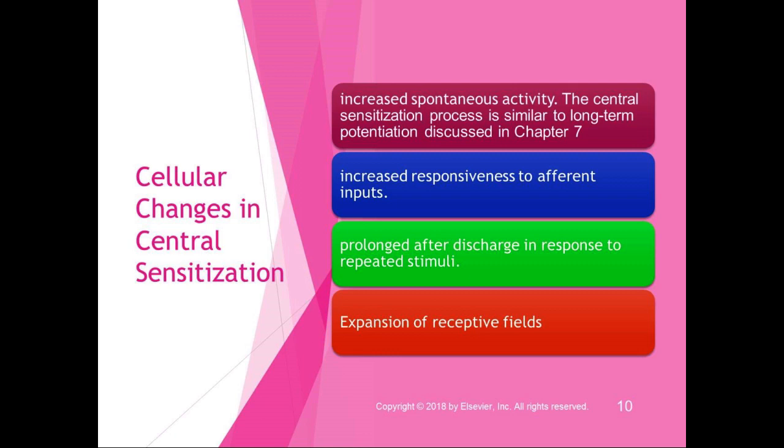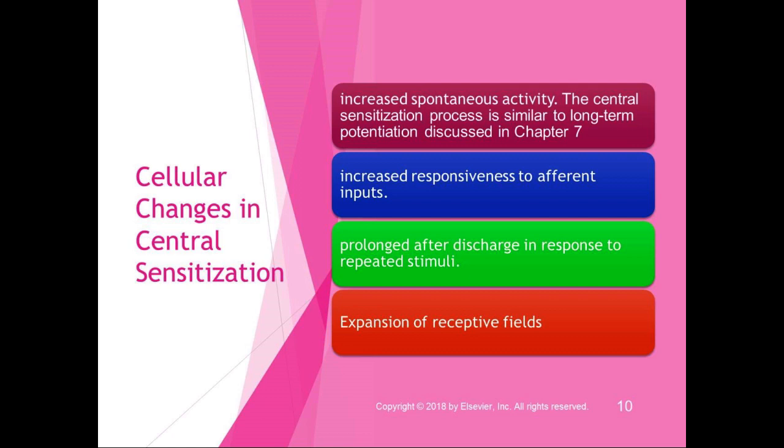The central sensitization process is similar to long-term potentiation, which is that neuroplastic learning that we talked about in Chapter 7. But unfortunately, this isn't doing us any good. This is hindering our efforts. There's increased responsiveness to afferent input and prolonged after-discharge in response to repeated stimuli.